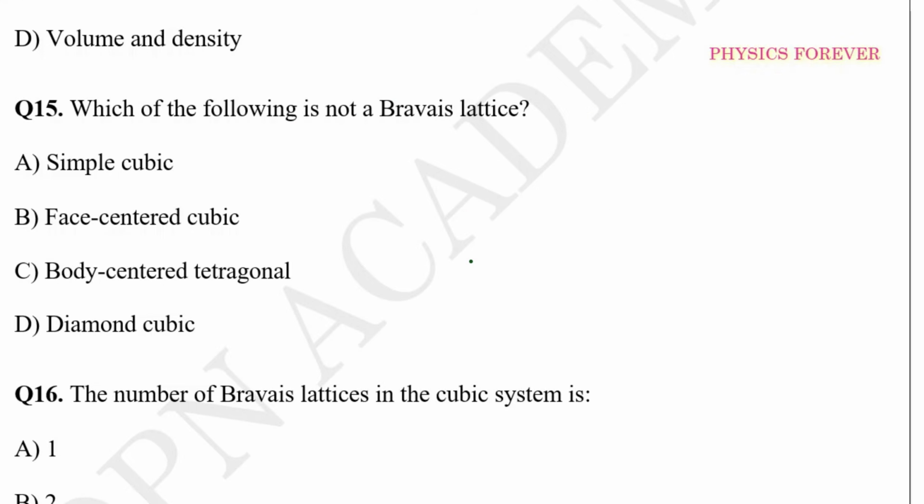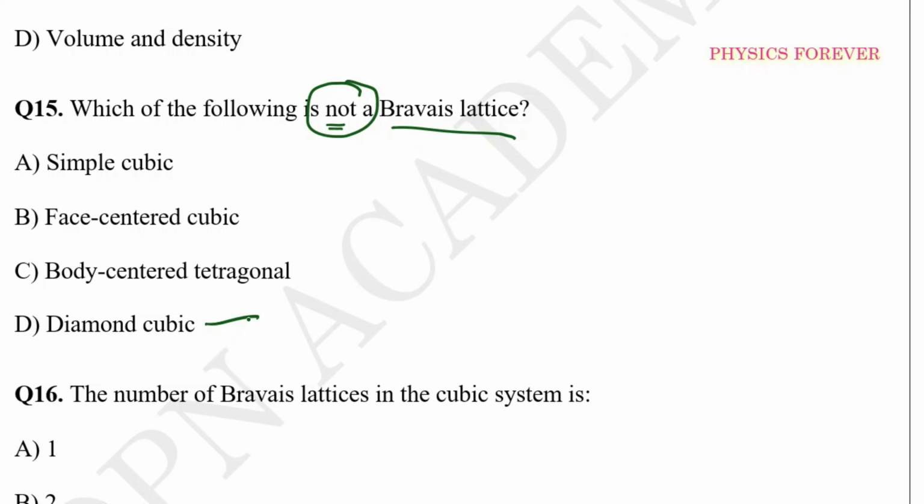Question number 15: which of the following is not a Bravais lattice? "Not" is the important word. Normally we only see Bravais lattices, but here they ask for the one that is not. Simple cubic is a Bravais lattice, face centered is, body centered is, but diamond is not a Bravais lattice.